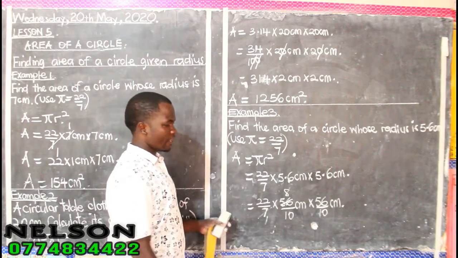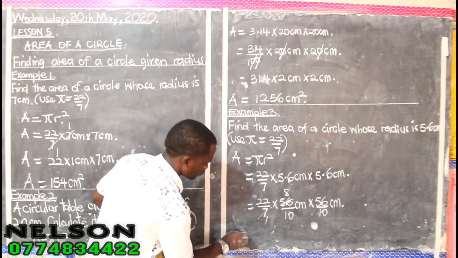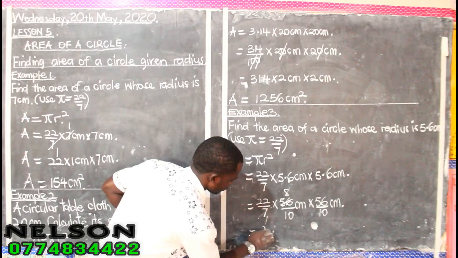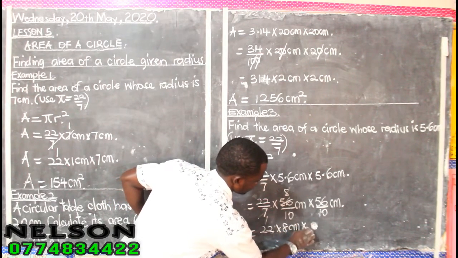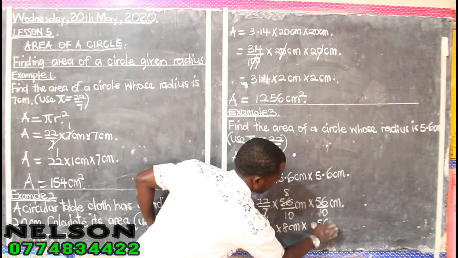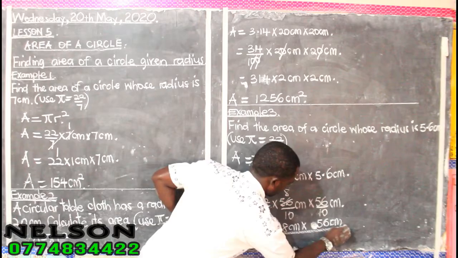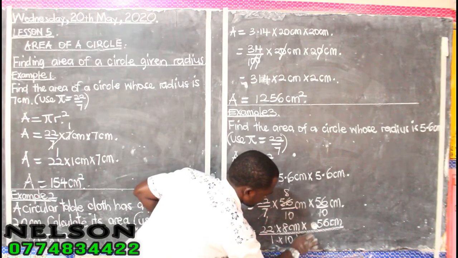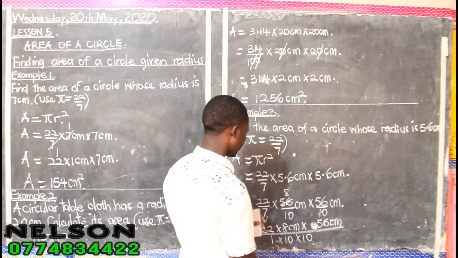They are going to be helpful when you are getting the final answer. So we shall have here 22 times 8 centimeters times 56 centimeters out of 1 times 10 times 10. Let's multiply this.